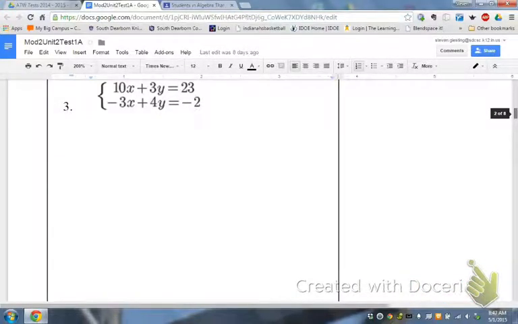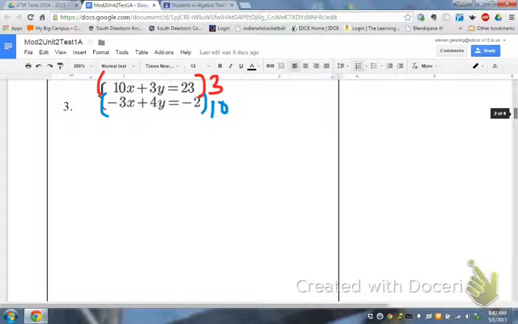Now taking a look at number 3, again, we don't have opposites, but the x's will probably be the best to eliminate because we have a positive and a negative already. So again, we're going to get rid of it. So we'll crisscross, multiplying the top by 3, because that's what x is on the bottom. And we'll multiply the bottom one by 10, because that's what the x is at the top.